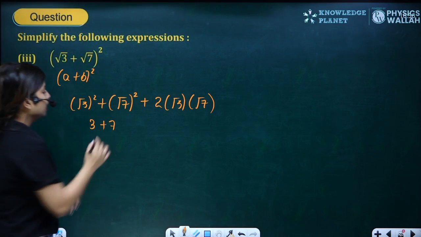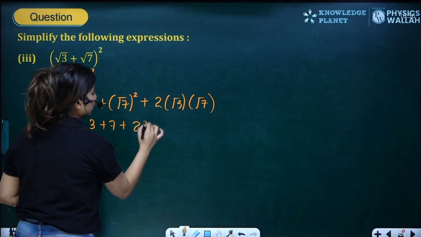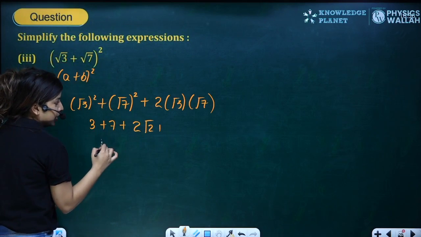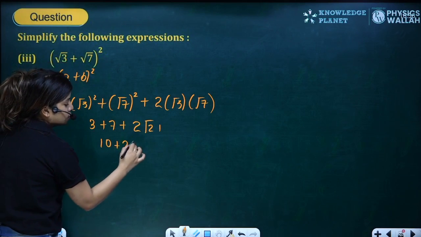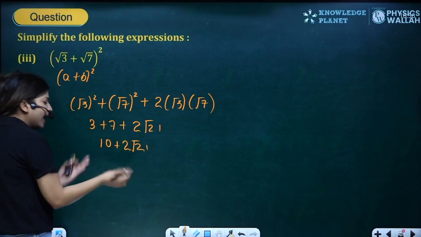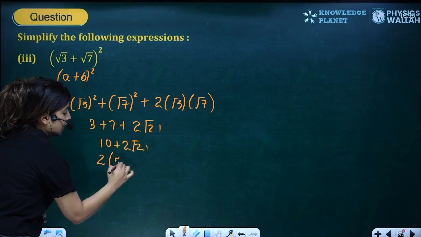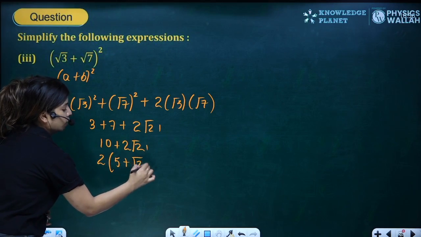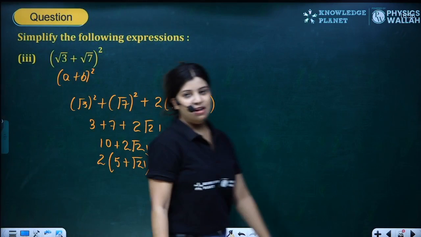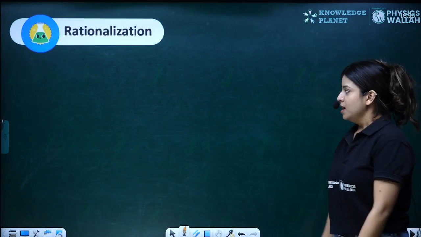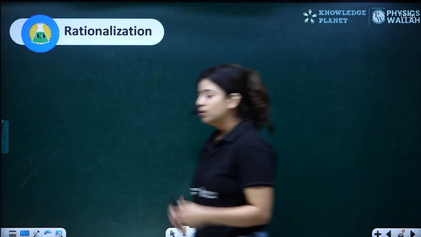Root 21 into 2 will give you 2 under root 21. 7 plus 3 will give you 10 plus 2 under root 21. You can either take the 2 common, so we will have 5 plus under root of 21 as the answer. That is it. Alright, now let's talk about rationalization.